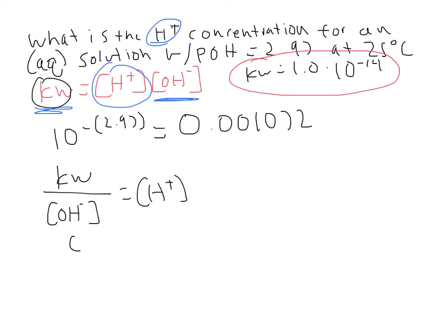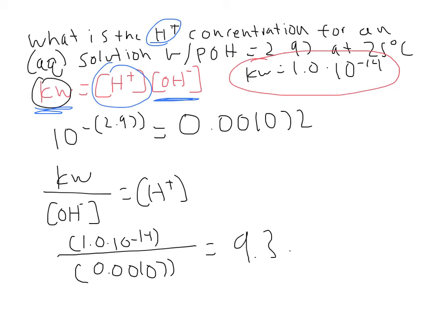Do this out, and you get 1.0 times 10 to the minus 14 divided by the OH concentration of 0.00107. And according to my calculator, I got 9.3 times 10 to the minus 12 molarity.